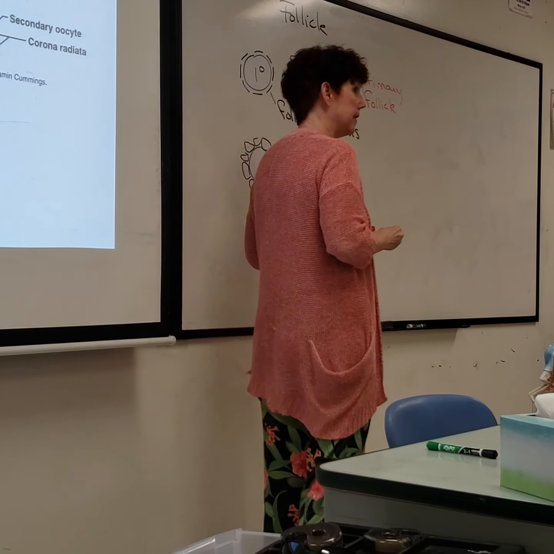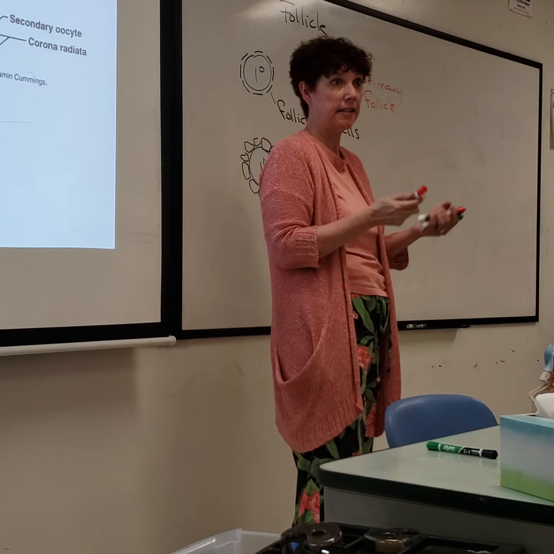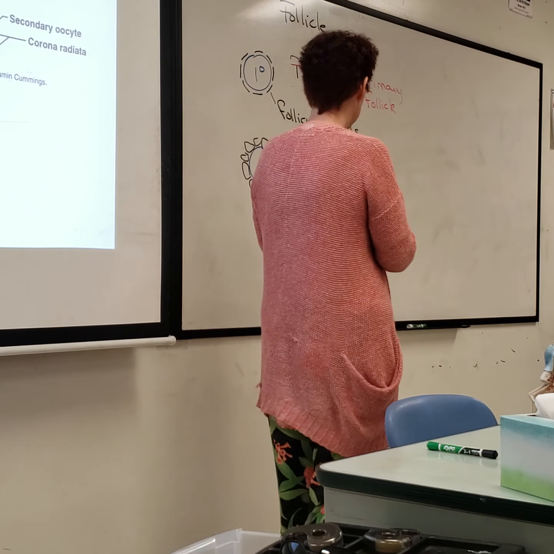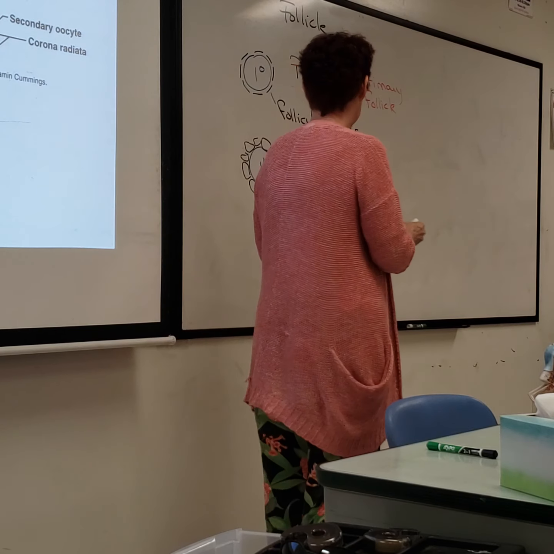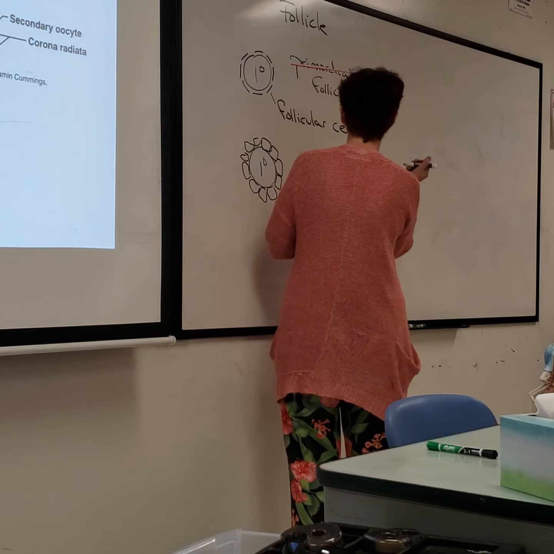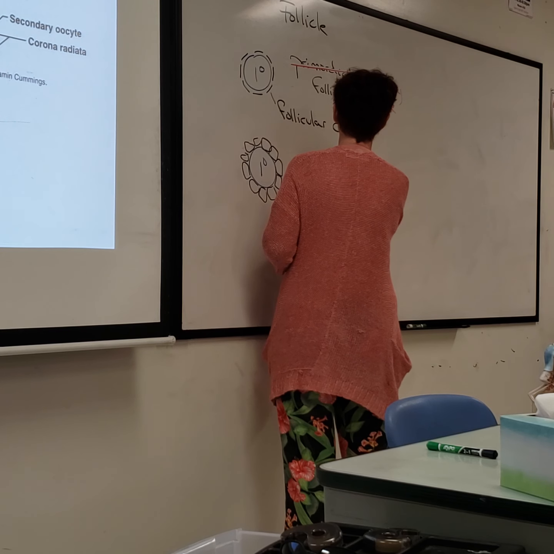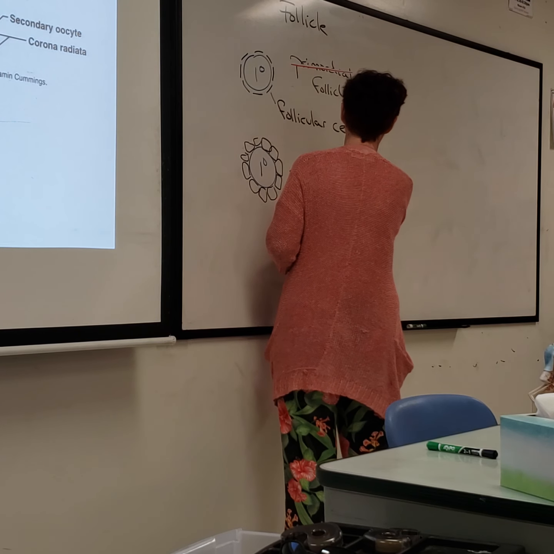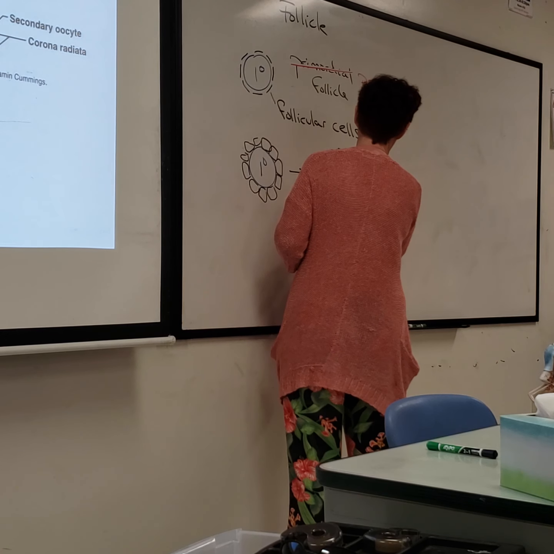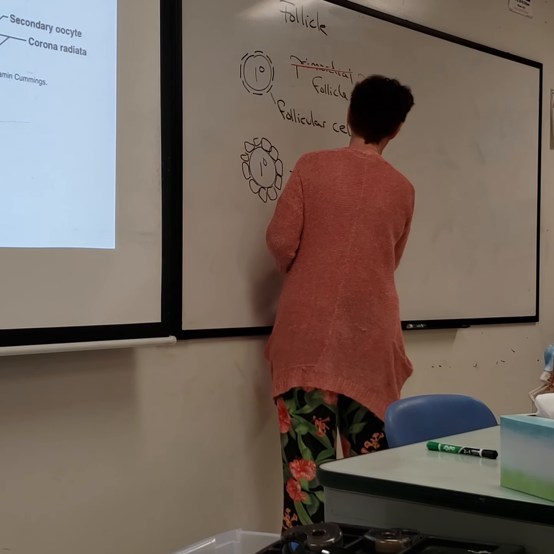Still a primary oocyte because it's not a secondary oocyte until it's actually just a little time before it's ovulated. So a lot of these never become ovulated and never become secondary oocytes. So whether it has a single layer of cuboidal cells or multiple layers of cuboidal cells, this is now a secondary follicle.